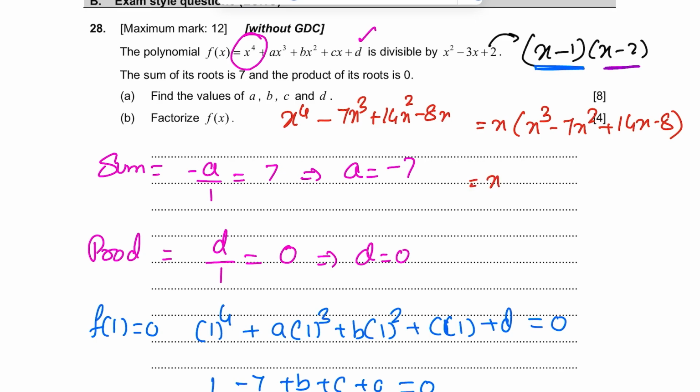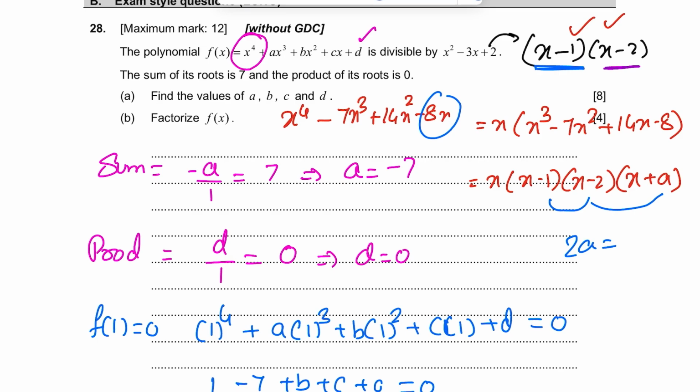And we already know two factors, x minus 1 times x minus 2. So another factor should be x plus a. Take the constants: negative 1 times negative 2 is positive 2. 2 times a is 2a. 2a should be equal to negative 8 over here. So a equals negative 4. So my final answer should be x times x minus 1 times x minus 2 times x minus 4.